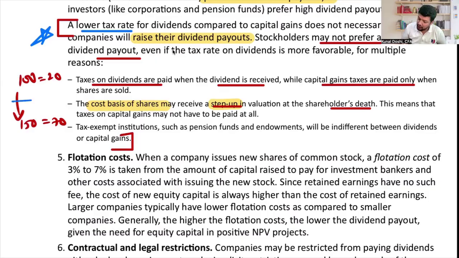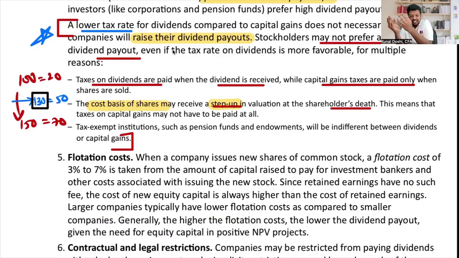However, fortunately or unfortunately, if I died at the age of 50 and the share price at that point was 130, then my share being transferred to my kid, she will receive the share at this point. So her cost basis is now 130.